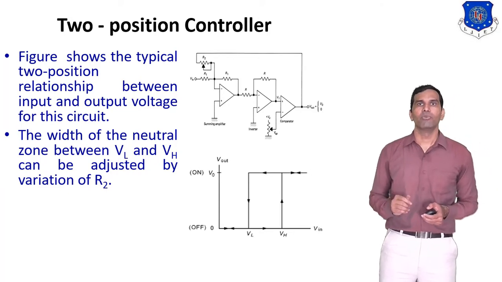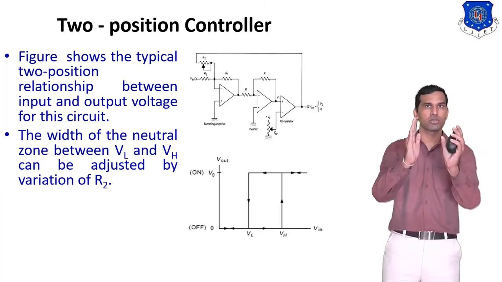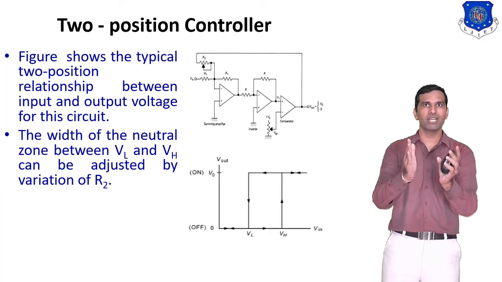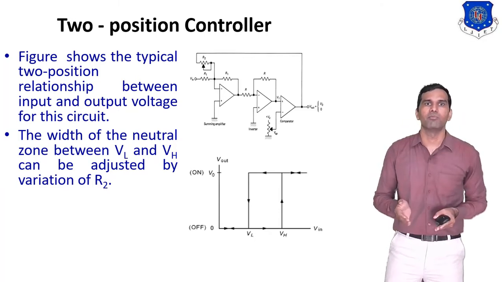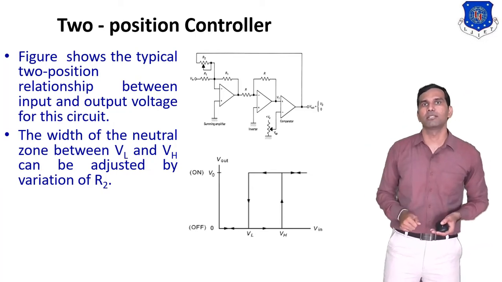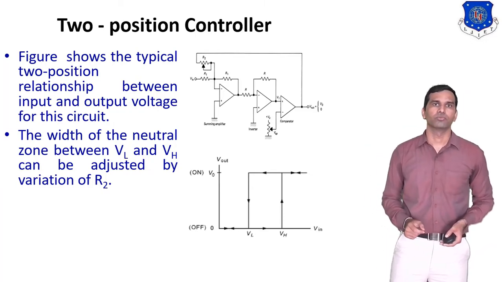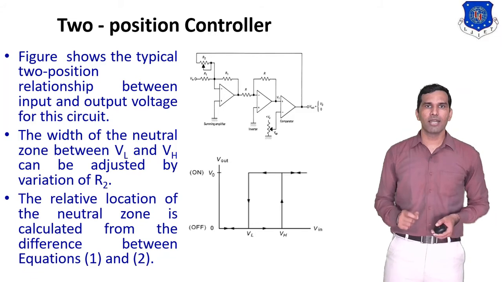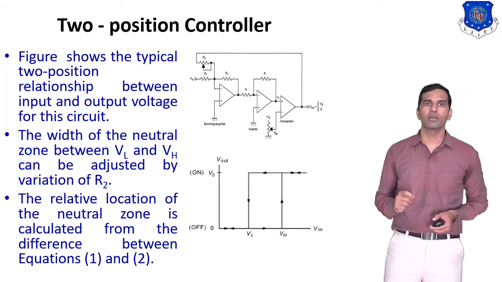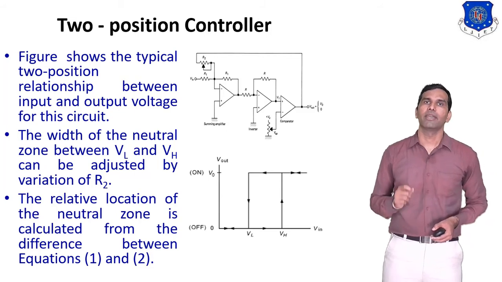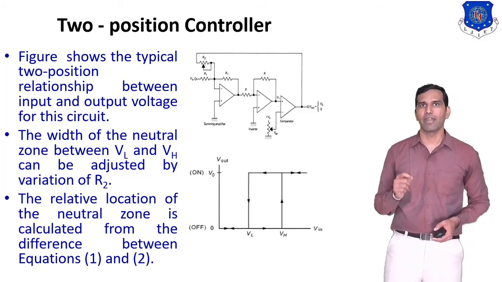That means we can adjust this neutral zone, the width between VL and VH, by varying the value of resistor R2. The relative location of the neutral zone is calculated from the difference between equations 1 and 2 that we have discussed already in the previous slide.